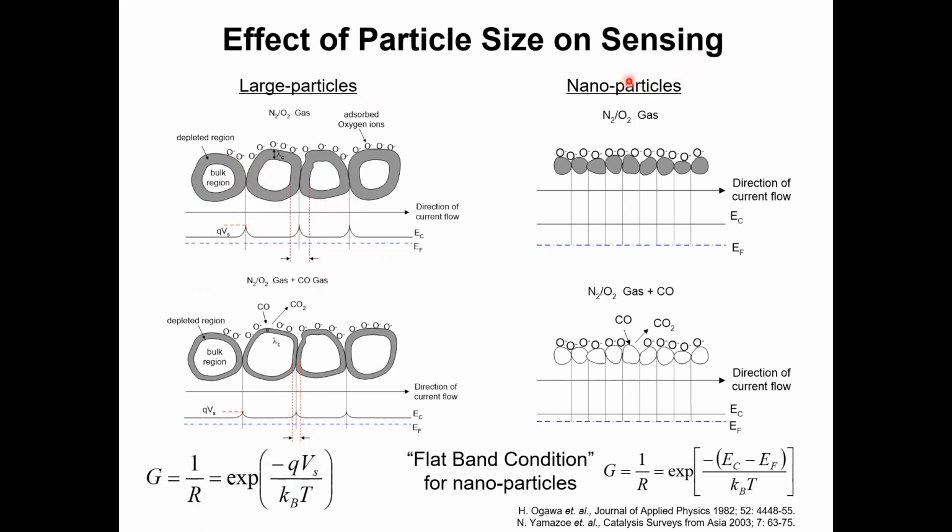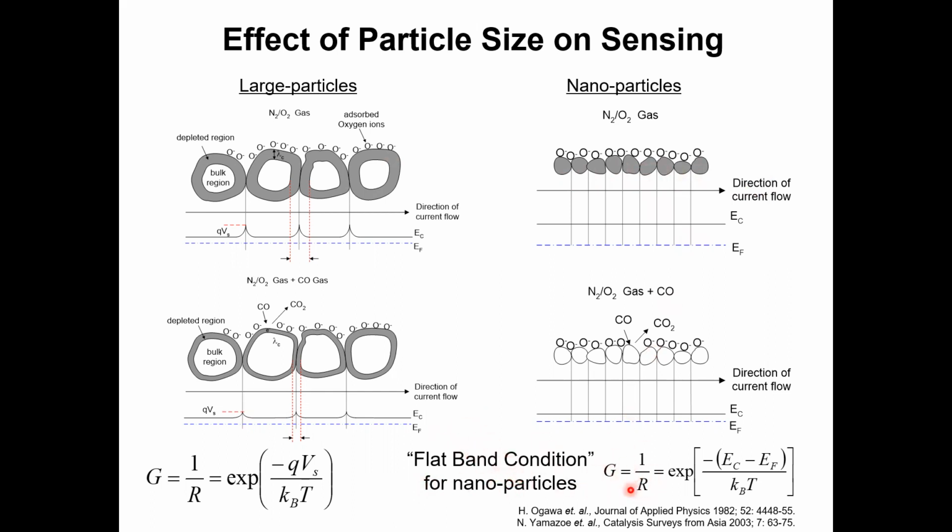On the other hand, if you use nanoparticles, if the particle size is particularly less than the width of the depletion layer, in that case, the particles will be completely depleted. There is no more bulk left anymore, undepleted region. And then the material, the coating conductance, will be controlled by the flat band condition.